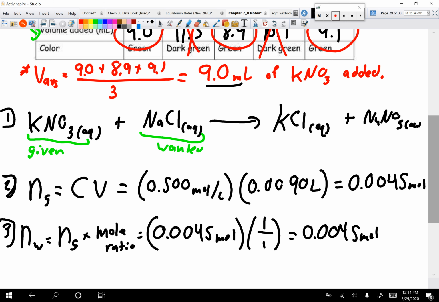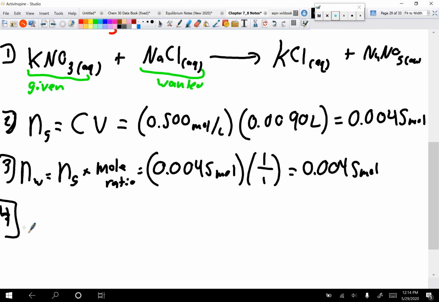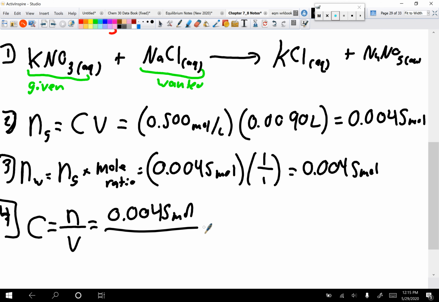And last but not least, step 4, solve. If you read the question, it is what is the concentration? So the formula for concentration is equal to number of moles divided by our volume. Our number of moles we just calculated. The volume up above was a 50 milliliter sample, so of course 50 milliliters in liters, we divide by 1000 to get 0.0500 liters, and we get an answer of 0.090 moles per liter, and of course that is 2 significant digits.